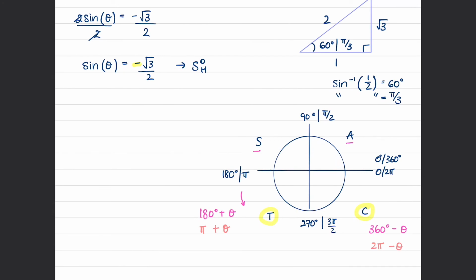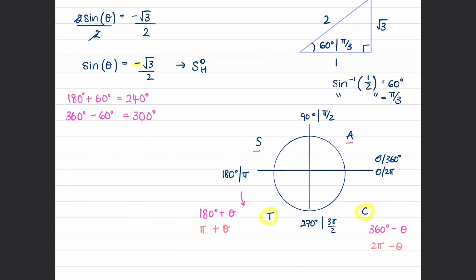So going back to degrees, our first solution will be 180 plus 60 degrees, which will give me 240 degrees. My second angle will be 360 degrees minus 60, and that'll give me an answer of 300 degrees.